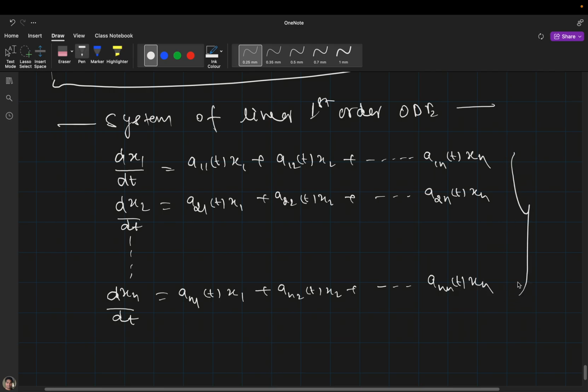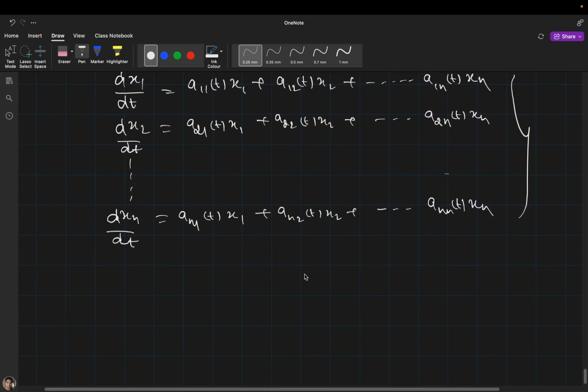If you have this kind of system of linear first order ODE, how will we solve it?